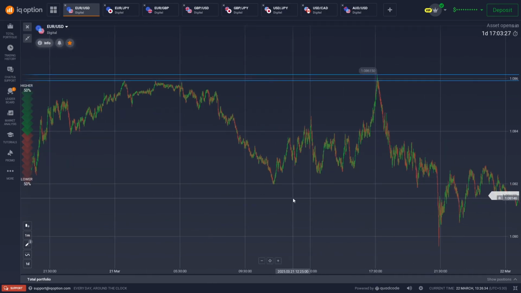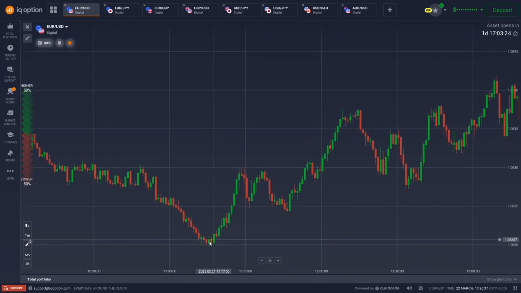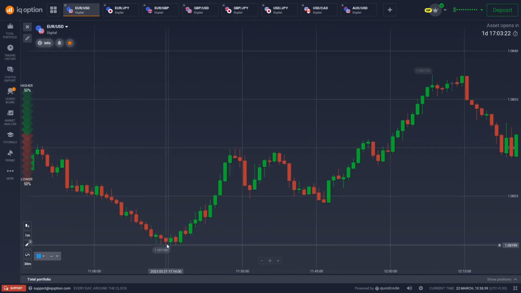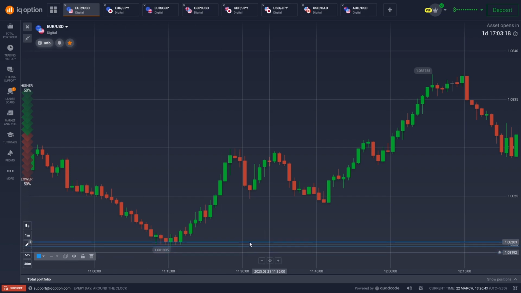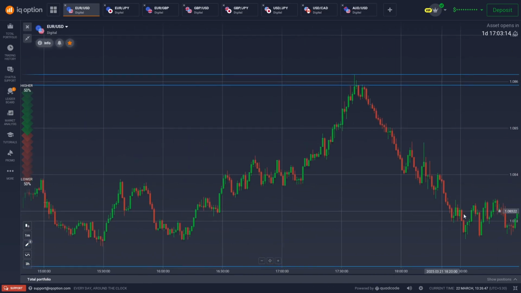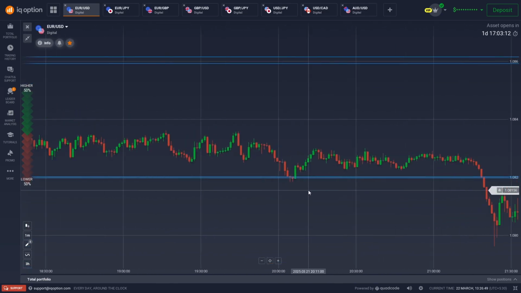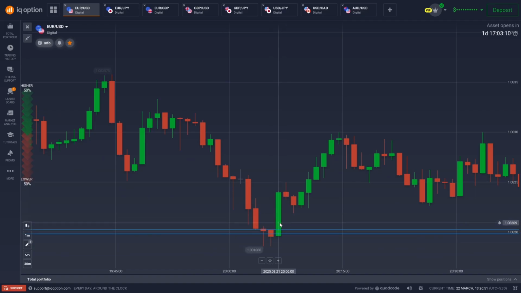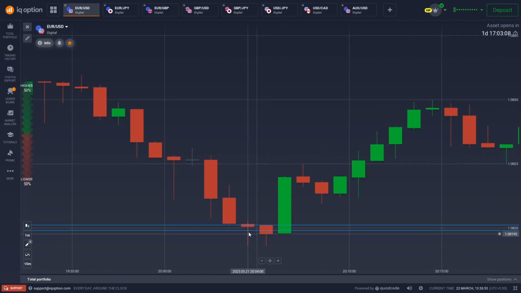Now let's take another example, like this one. This is the wick. This is the body. Let's see what happens in the future. And here, what do you find? You find that this candle did expand the zone.